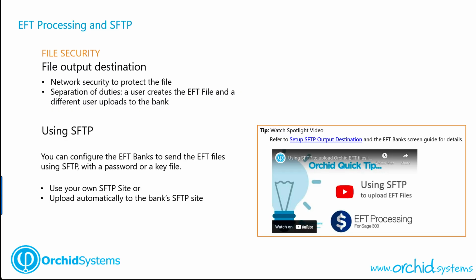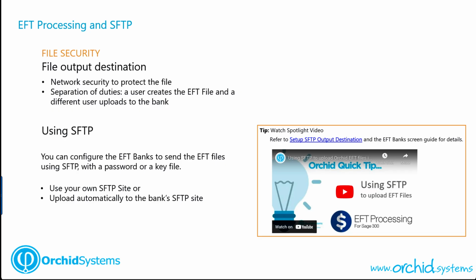If you're using SFTP, you can configure the EFT bank to send the EFT file directly to that FTP site. It can be your own SFTP site, especially if you want to control the file security more, or directly to the bank's SFTP site, and that is more and more common across various countries. We have demonstrated the detailed steps for this before, and again, it is all documented in the help for details.